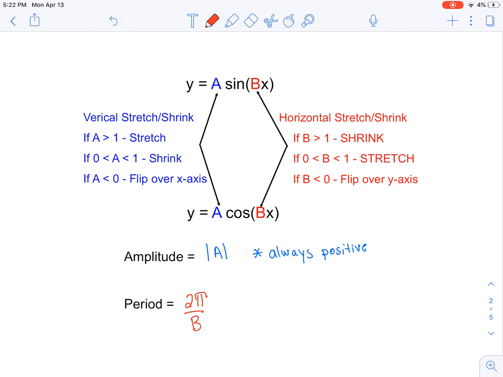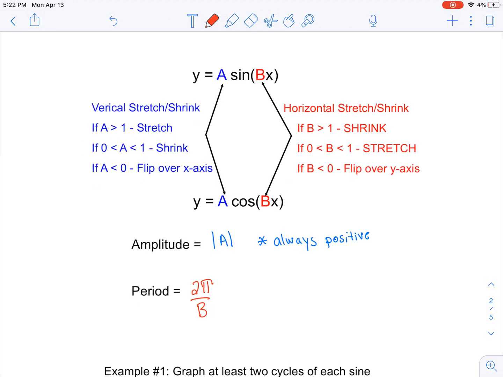We want to say how much of a cycle occurs in 2 pi. So we take 2 pi and divide it by B. And B is how many cycles occur in that 2 pi period. So we're going to take 2 pi over b. That's always how you're going to find the period. So those are the two things that we want to work with, amplitude and period.